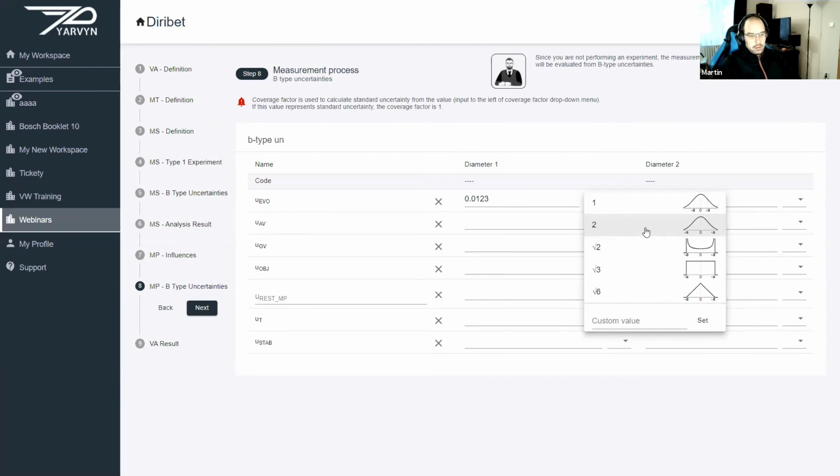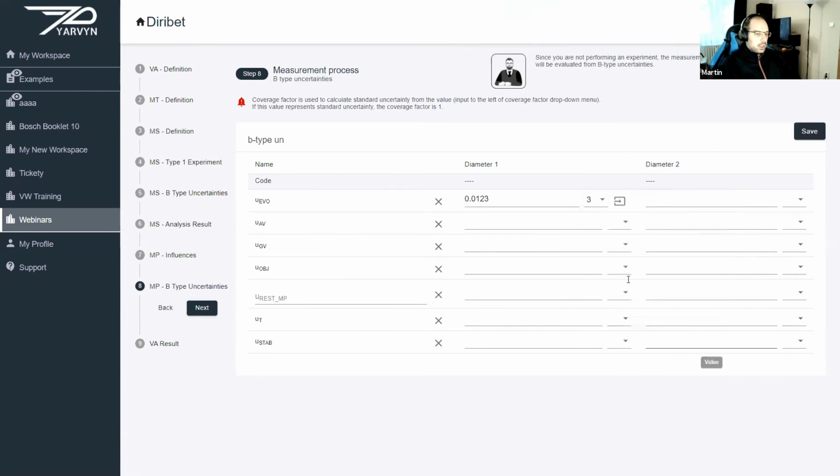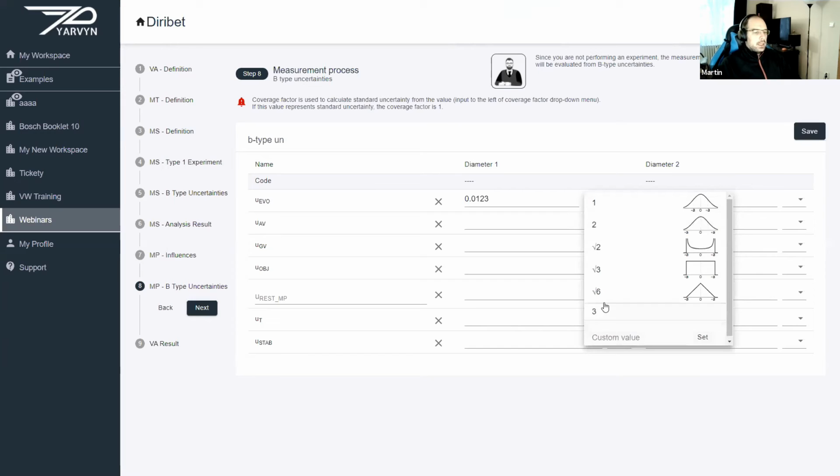If you have some special case when the coverage factor is 3, it's not in the standard selection. You can add it as a custom value, and it will be stored here for your purposes.